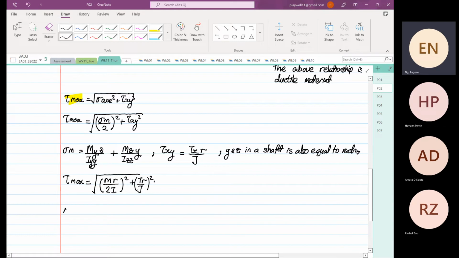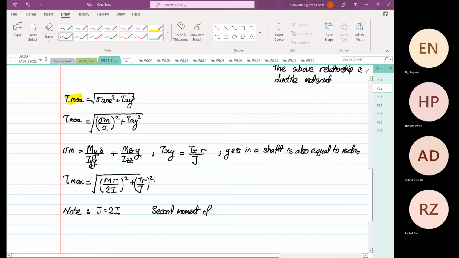And I want to write down here, note that J is equal to 2I, right? So we know that I, second moment of area, for a shaft, either it is Iyy or Izz, does not really matter.